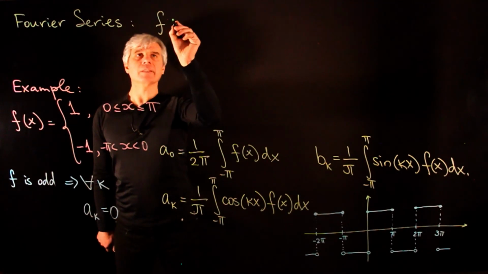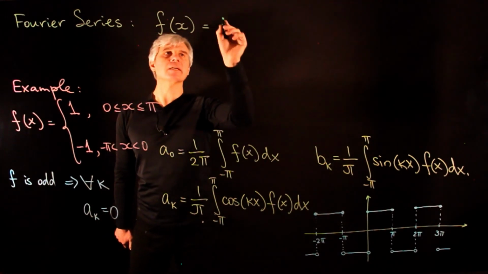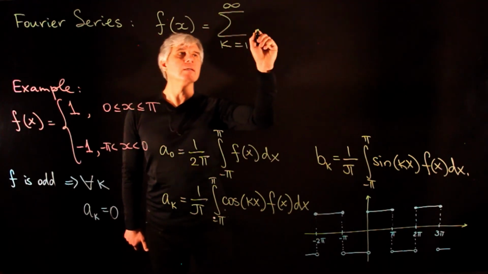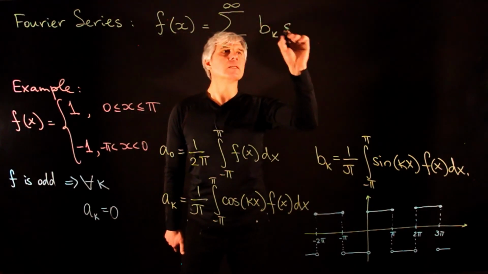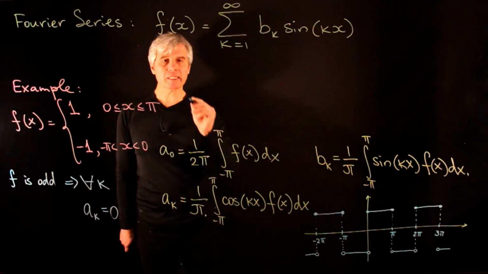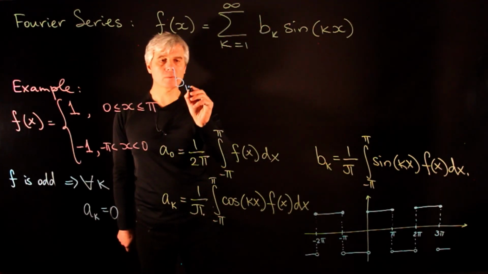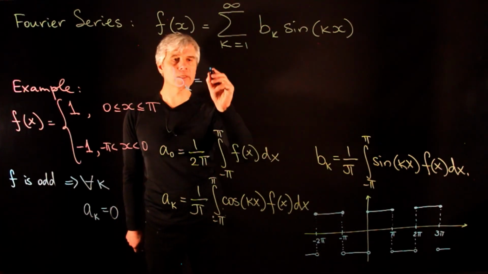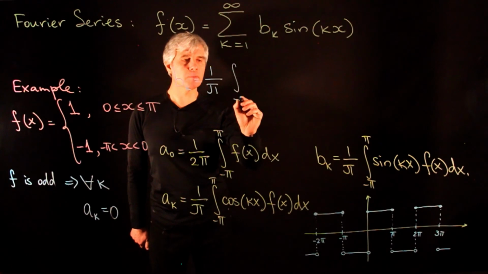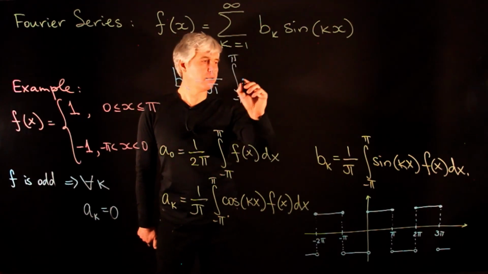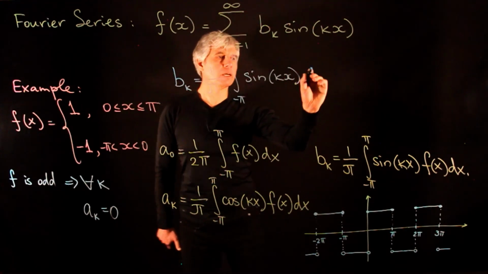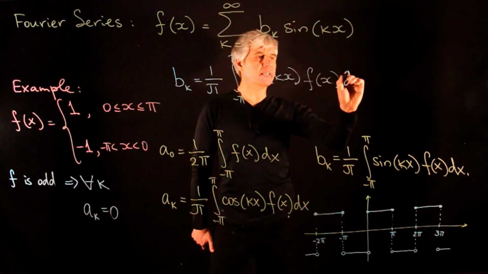So we'll have that f of x is expanded as the sum k goes from 1 to infinity, bk times sine of kx. Let us compute bk coefficients. So bk, by this formula, is 1 over pi integral from minus pi to pi sine of kx times f of x dx.